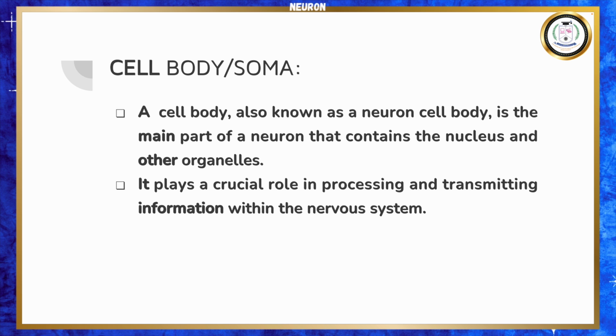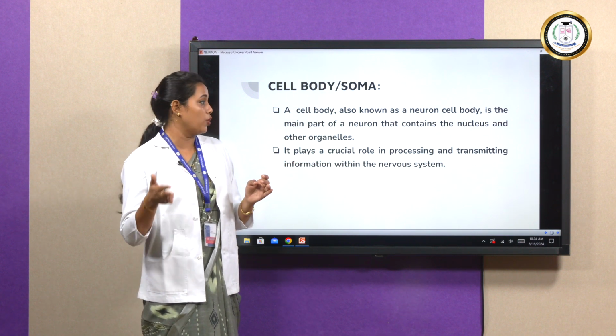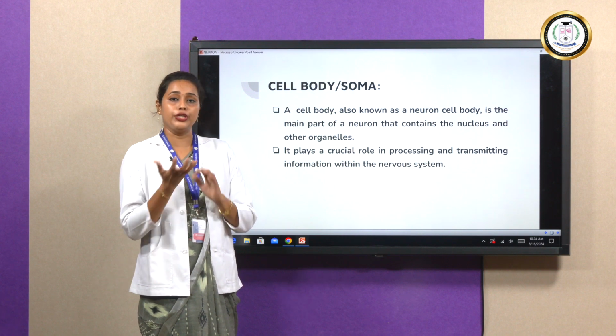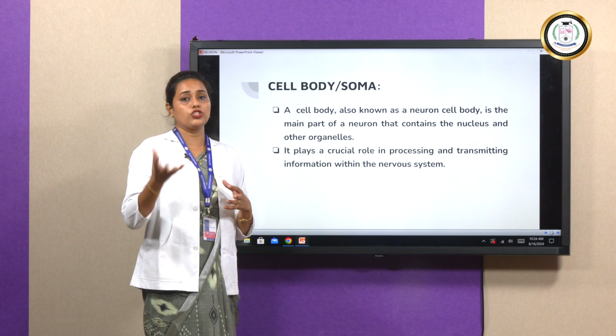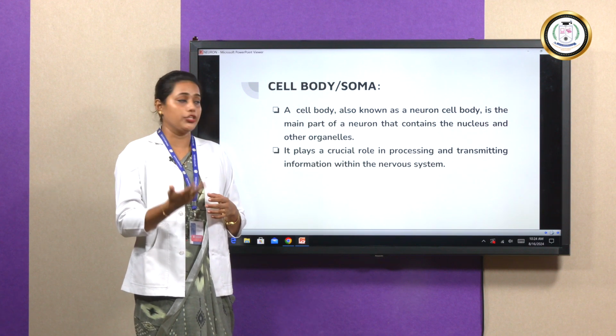Next, we'll start with the cell body. As I have said before, the cell body is also referred to as soma. It is sometimes also called the neuron cell body. It is the main part of the neuron which consists of the nucleus, and other organelles are also present, like the Golgi apparatus, mitochondria, endoplasmic reticulum and other essential organelles within the soma along with the nucleus.